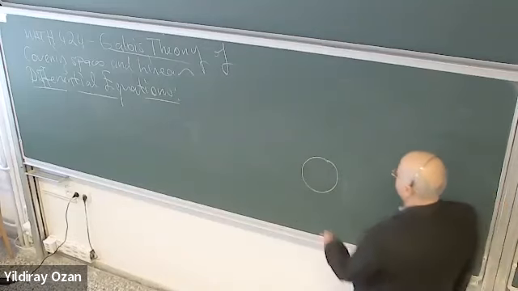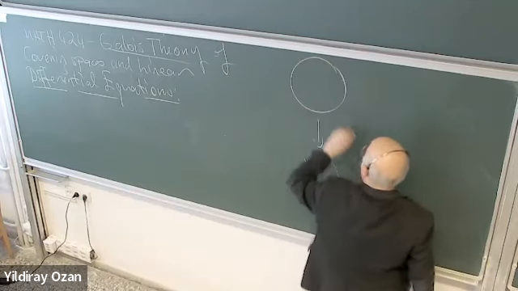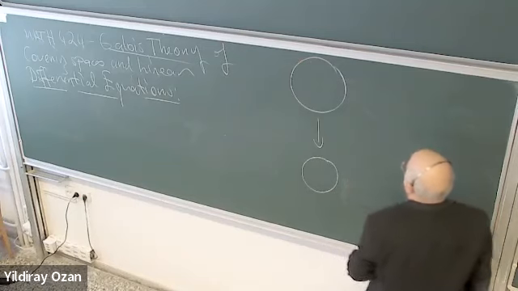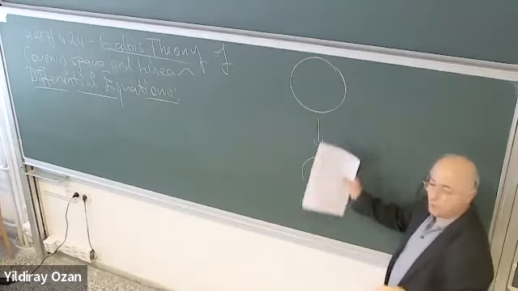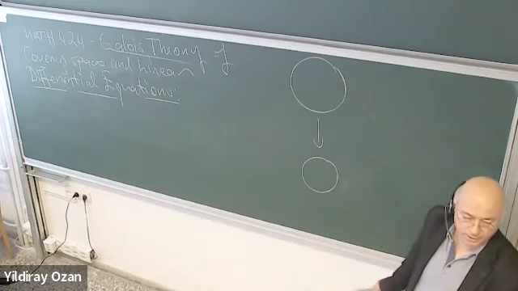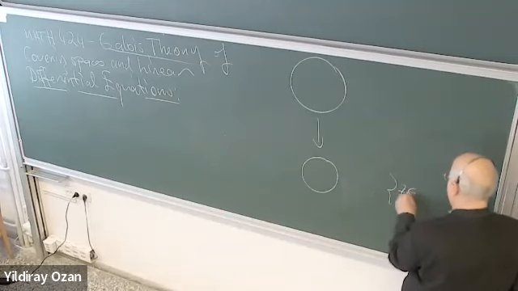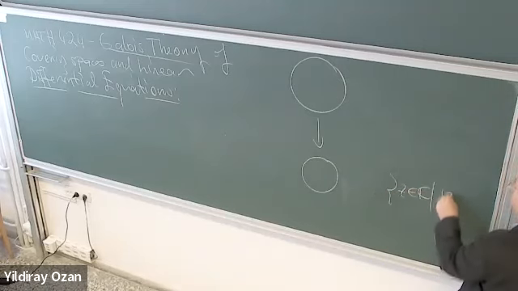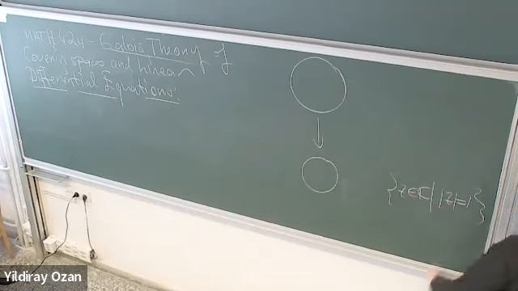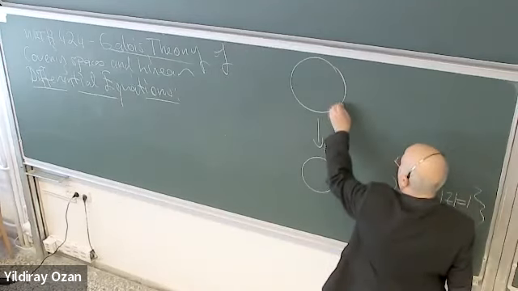circle, and then another circle here. Suppose that they are both unit circles in the complex plane. Okay, so this is the unit circle in the complex plane, meaning complex numbers with norm 1. And the map is the following.